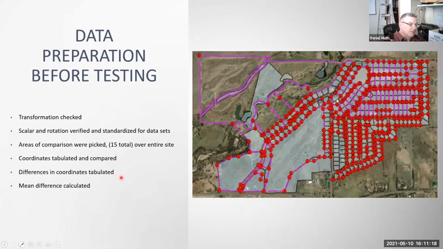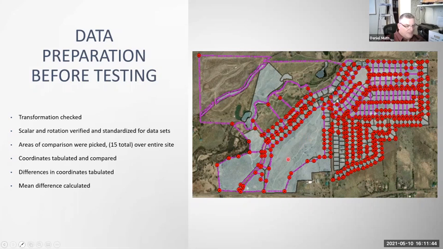So to back up a little bit, each of these nodes had to be verified for location. And once they were all verified and the transformation strategy was solidified, I had to take into account things like scalar and rotation between the different surveys. All of that had to be cleaned up.